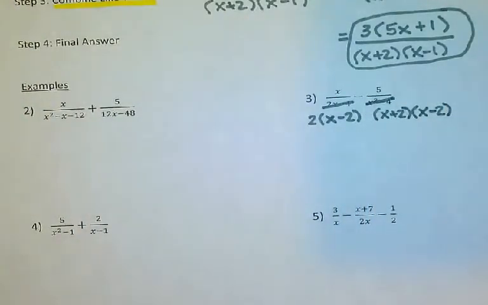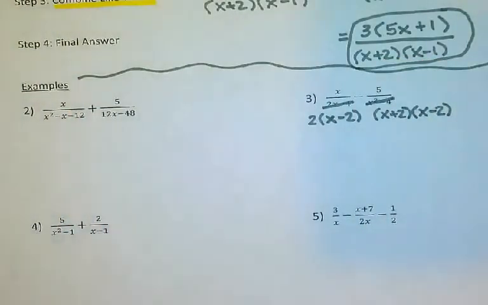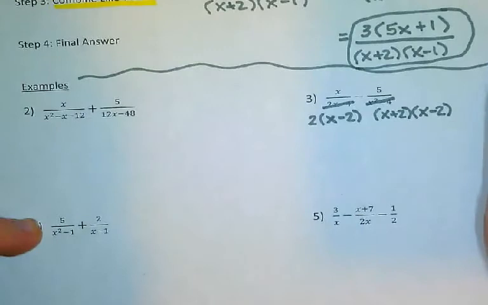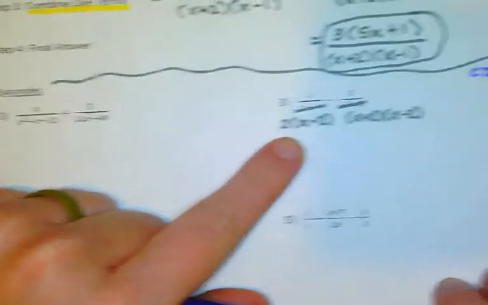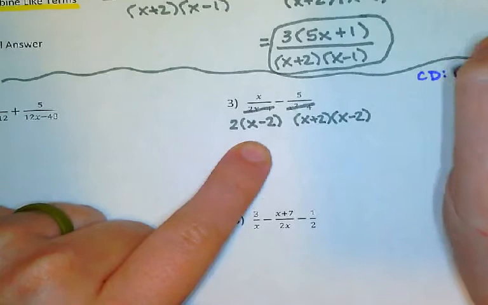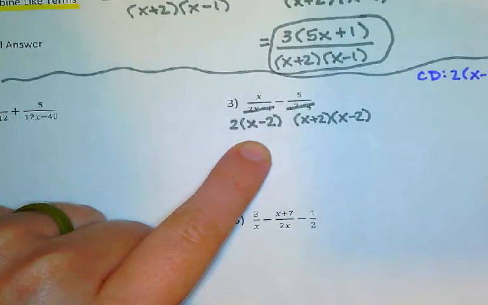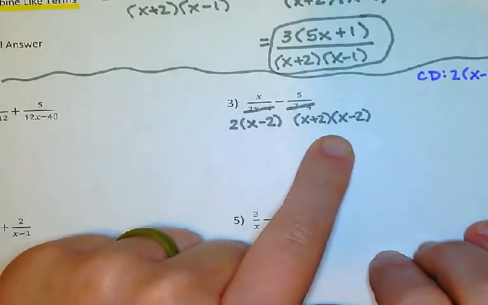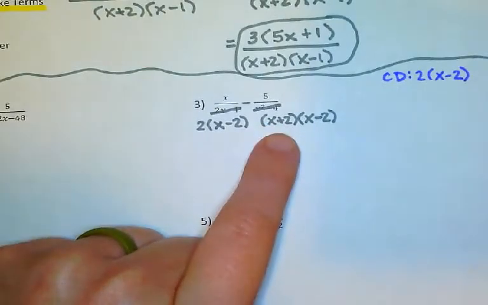So, for our common denominator here, what does this first fraction have? The 2 and the x minus 2. What does this second fraction have? Well, it also has an x minus 2, so they have that in common, but it also has an x plus 2.